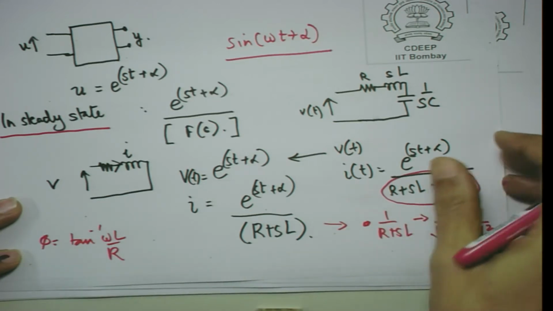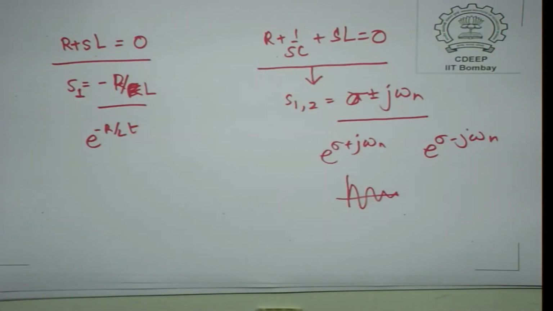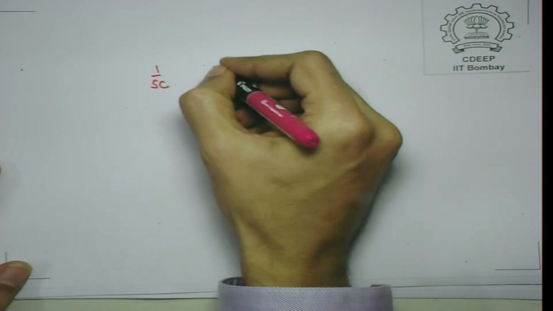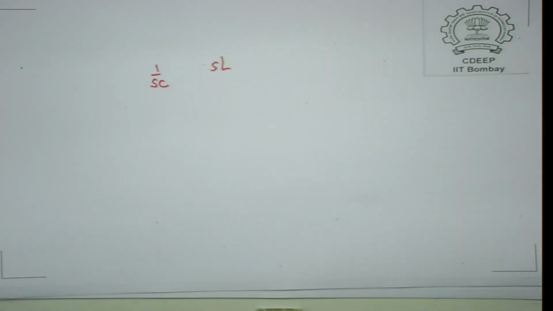As the circuit becomes more complicated, you will find it is easiest to simply take a circuit and wherever there are capacitors replace them by 1 upon sC, and wherever there are inductors replace them by sL, and try to get what I call the transfer function, and also understand what kind of terms you can see in the response.